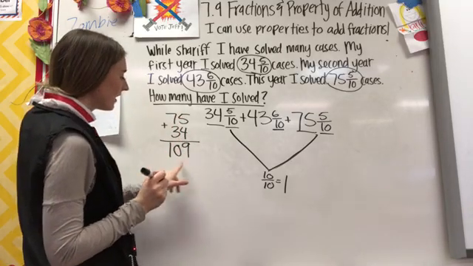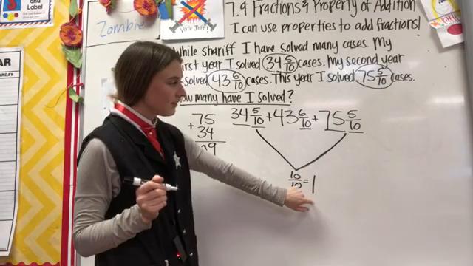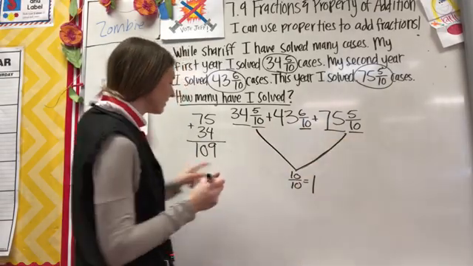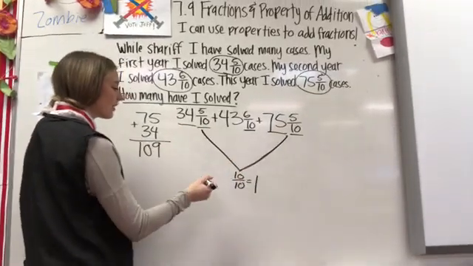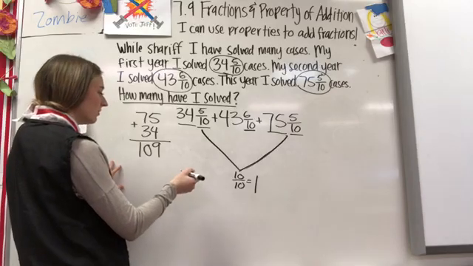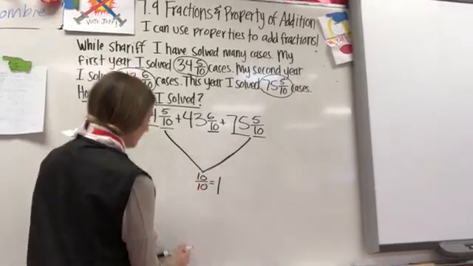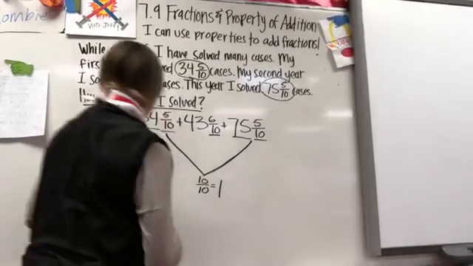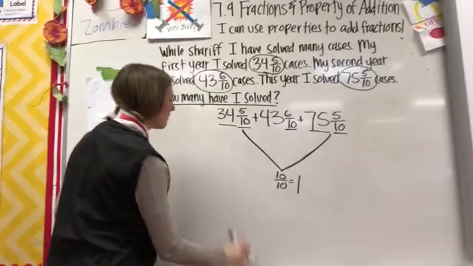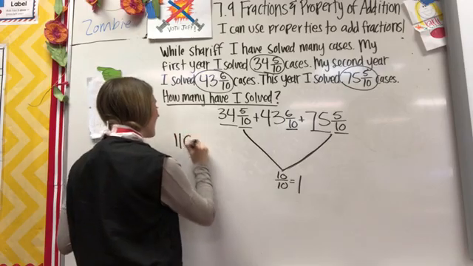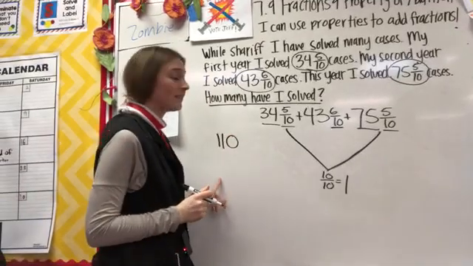Okay, so we have 109 plus this 1 from 5/10 plus 5/10. So total, these two fractions will equal 110. Sorry guys, we'll move that over here. Now we have 110. I hope everyone saw that, right?